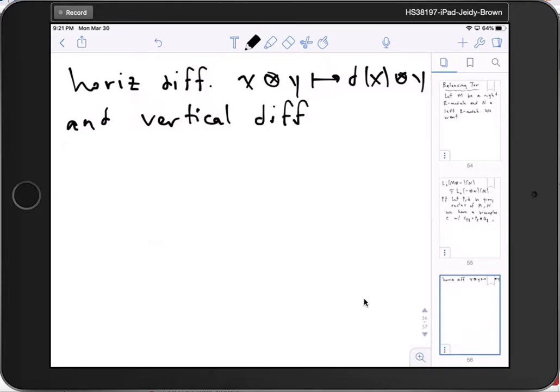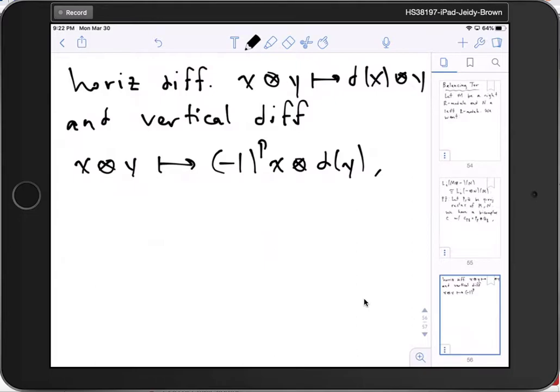And vertical differential x tensor y maps to (-1)^p x tensor d of y, where x is in P_p. So that's where the sign (-1)^p is coming from. Remember that sign is there just to make this a bicomplex. Each square is supposed to anti-commute.